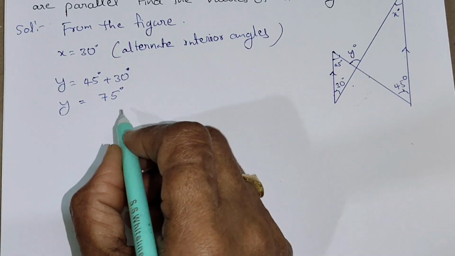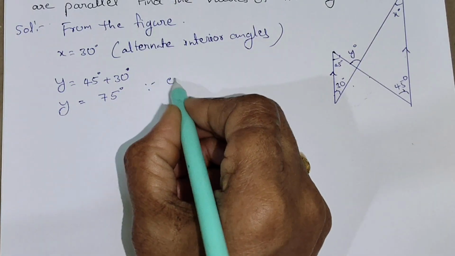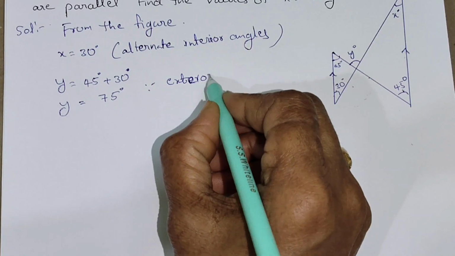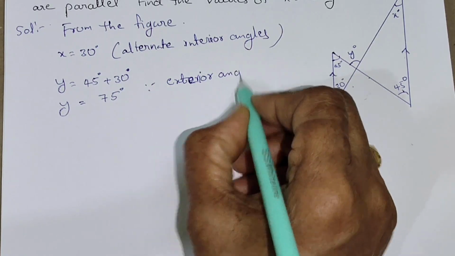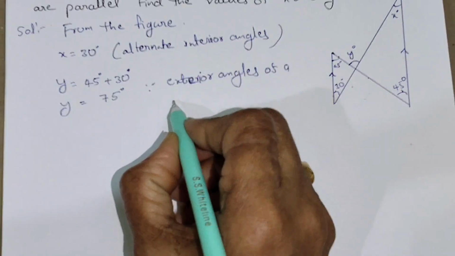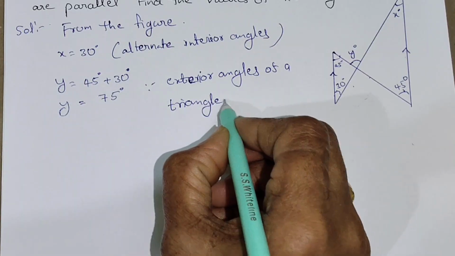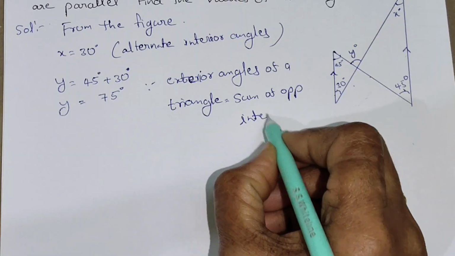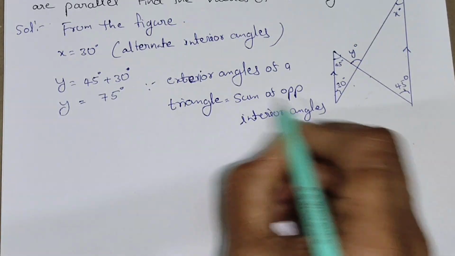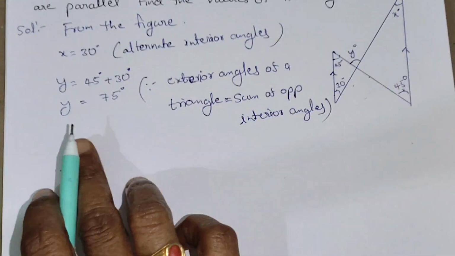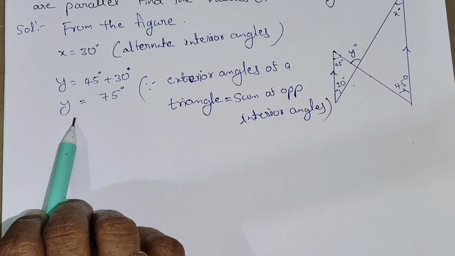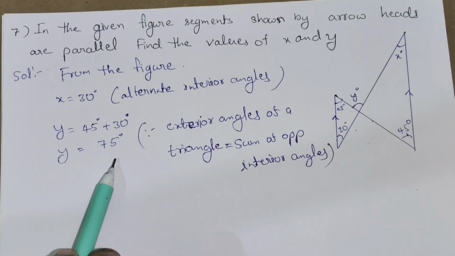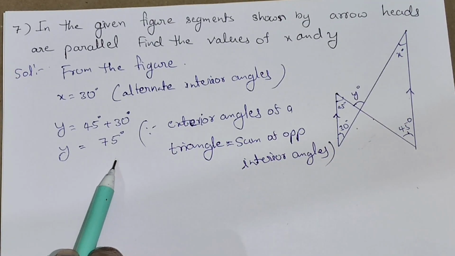Because the exterior angle of a triangle is equal to the sum of opposite interior angles. Here x equal to 30 degrees and y equal to 75 degrees is the answer. This is the seventh one answer.